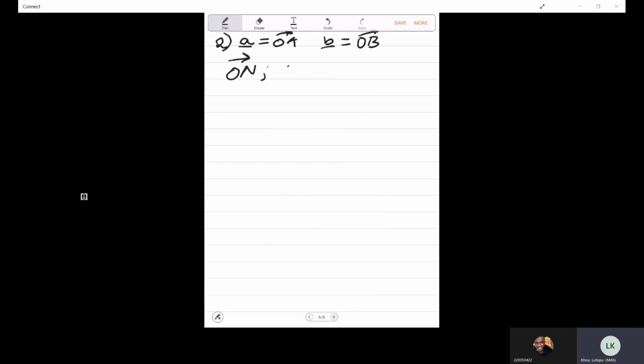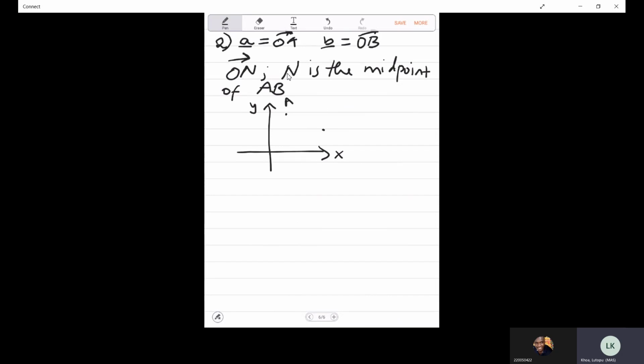And then we are told N is the midpoint of AB. Okay, so what you do, you sketch what you're given here. So you have your X and Y axis. So that's X. That is my Y. Then you have a point A somewhere here.